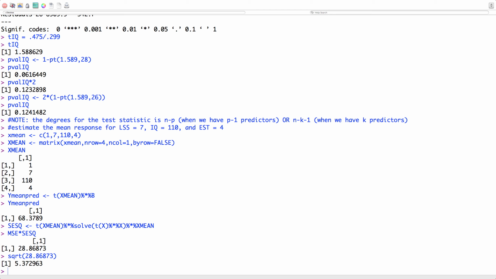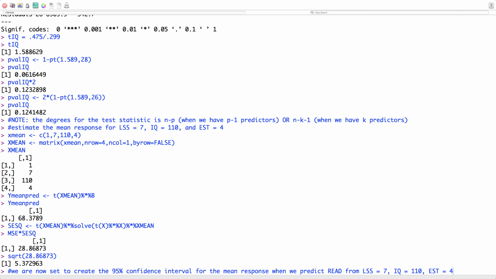So guys, finally, we are now set to create the 95% confidence interval for the mean response when we predict reading from LSS equal to 7, IQ equal 110, and EST equal 4. Okay, so let's do this.